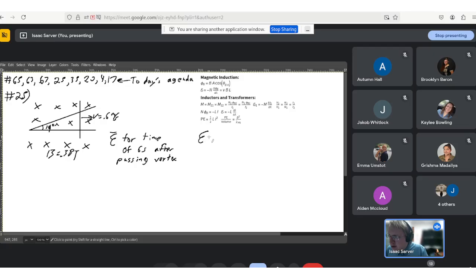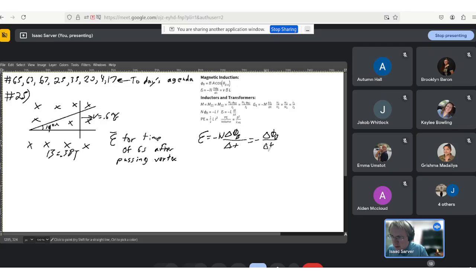So EMF is equal to minus the change in magnetic flux over the change in time. Given that N is not mentioned, that is 1. We know the amount of time.